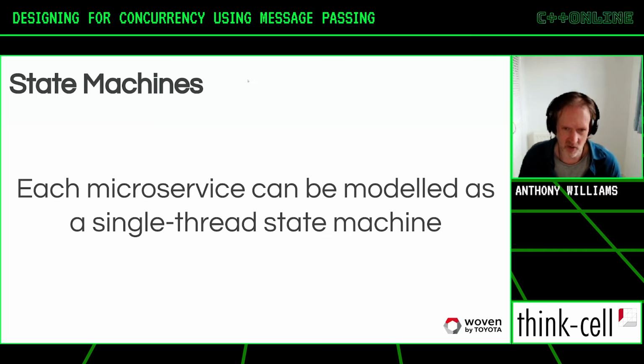We can design each microservice as a state machine, using whatever state machine framework you are most comfortable with, or your company uses already. That makes your microservice implementation just that little bit more regular, more straightforward.